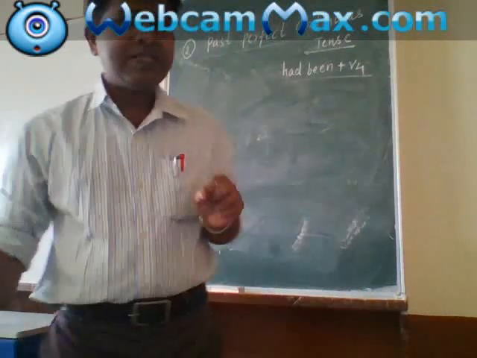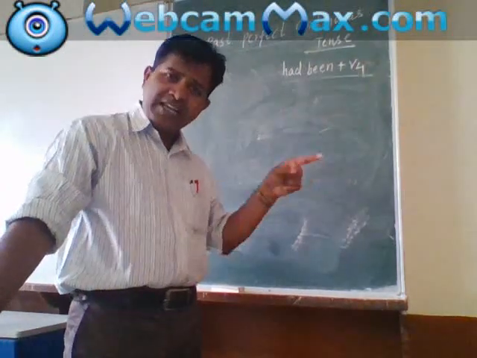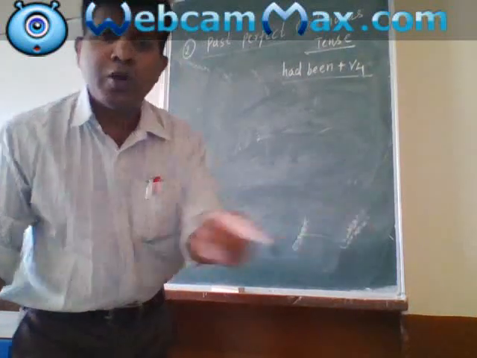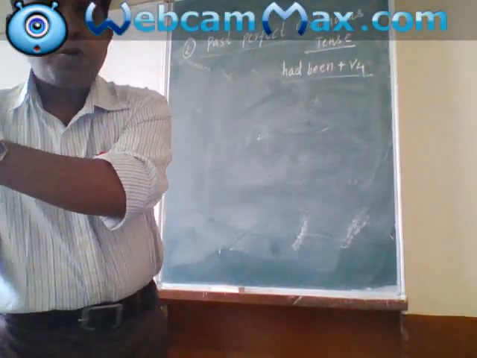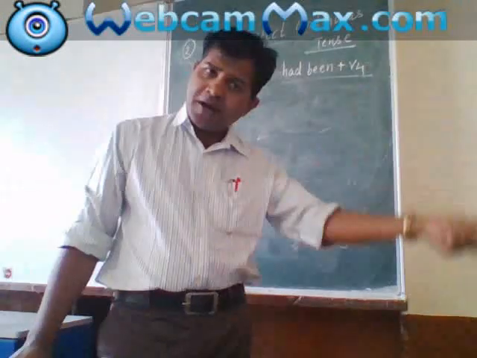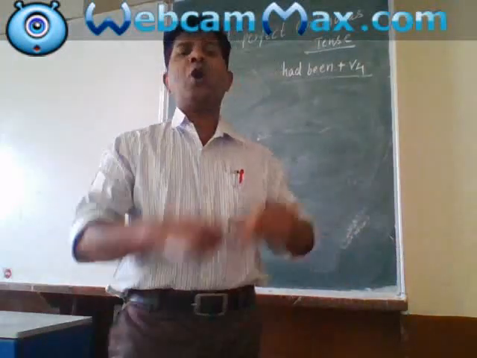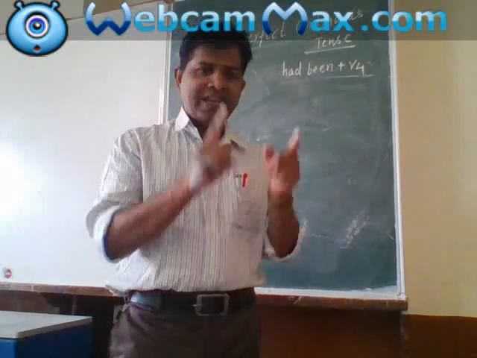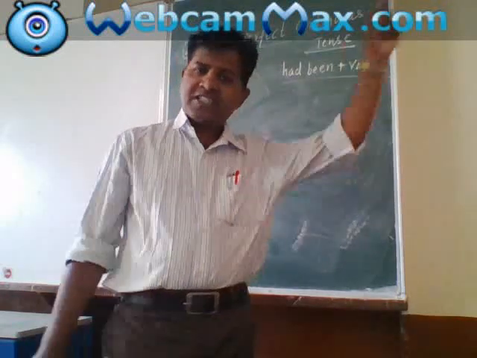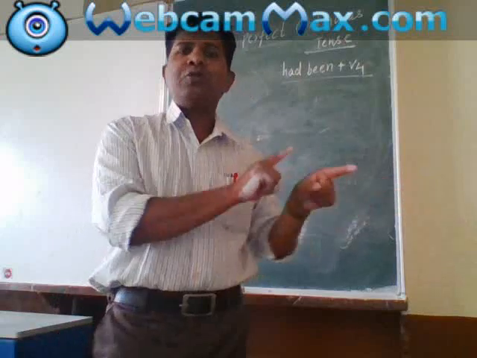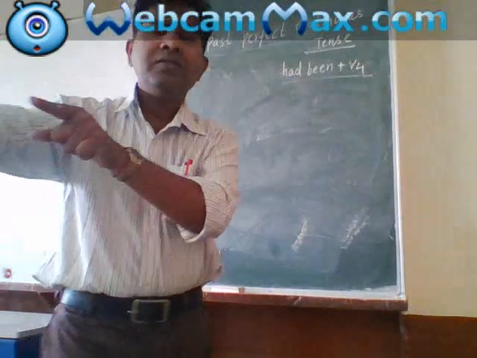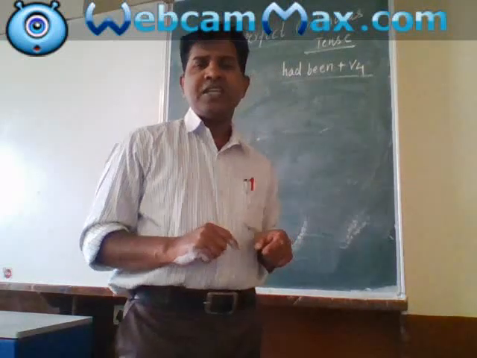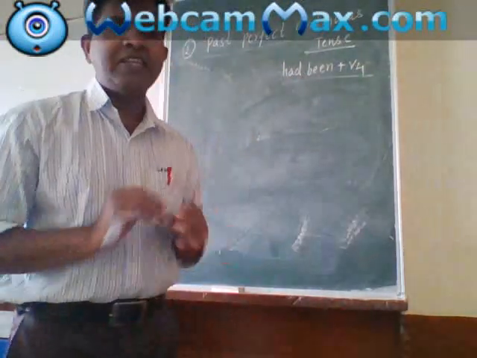We use it when the action started in the past, it was going on for some time in the past and it got completed in the past. I repeat, the action started in the past, it was going on in the past for some time and it got completed in the past.